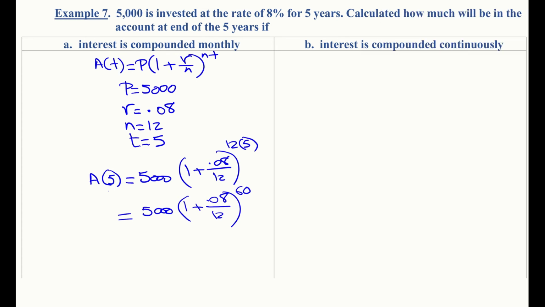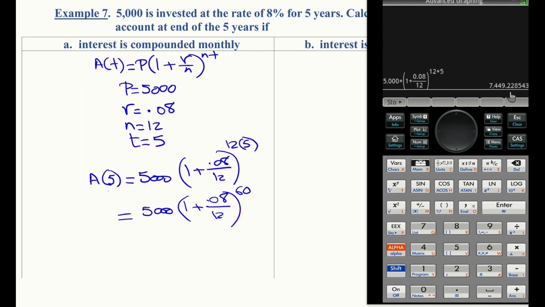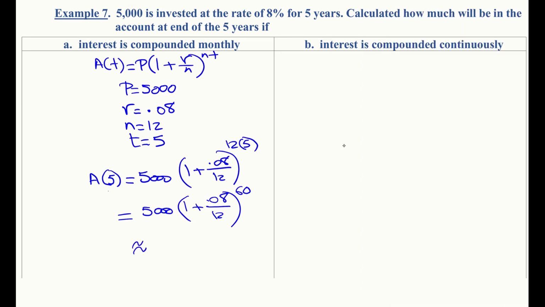With money, it never makes sense to go more than 2 decimal places because we don't have any denomination less than pennies. So hundredths is all you need to go to. So 7449.23. And of course, that's going to be in dollars.